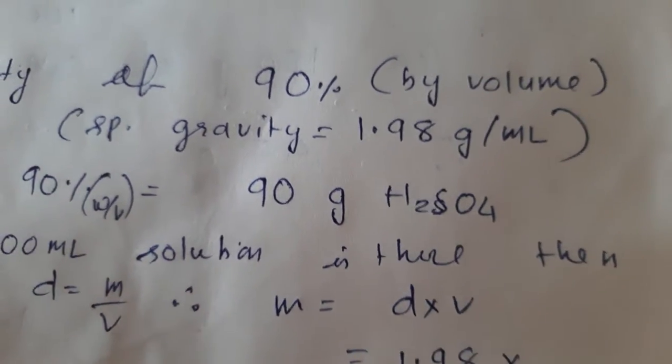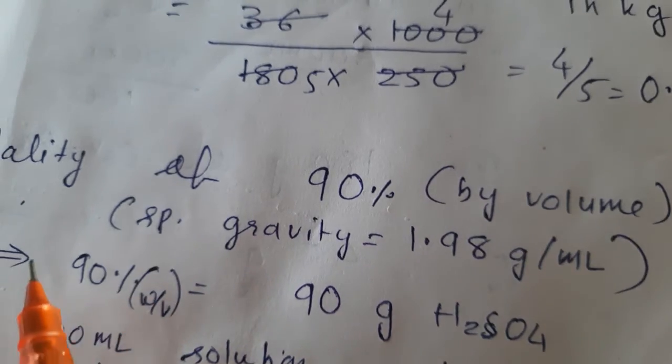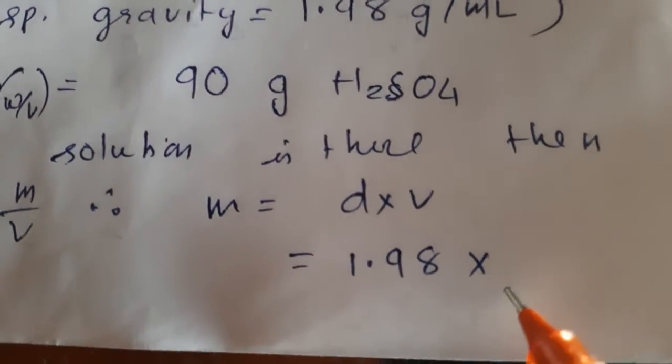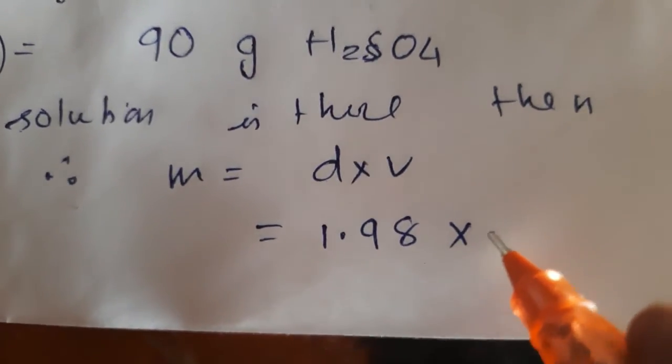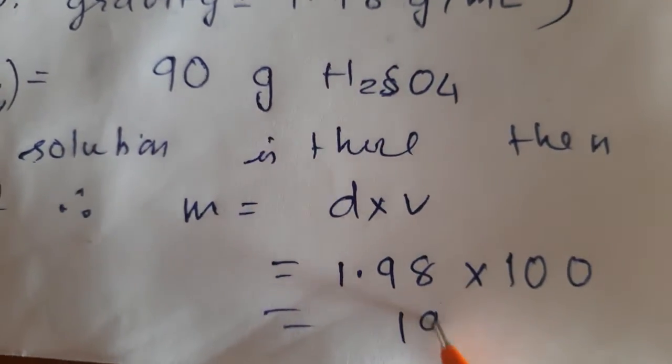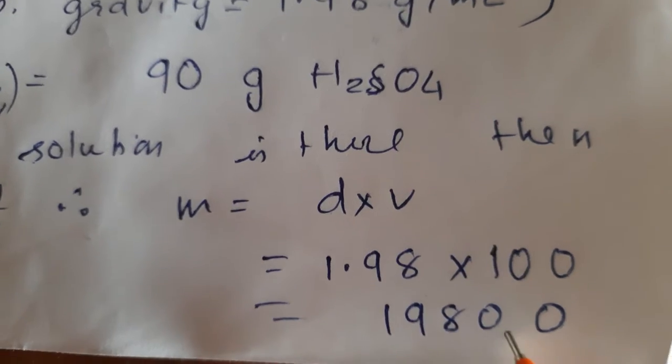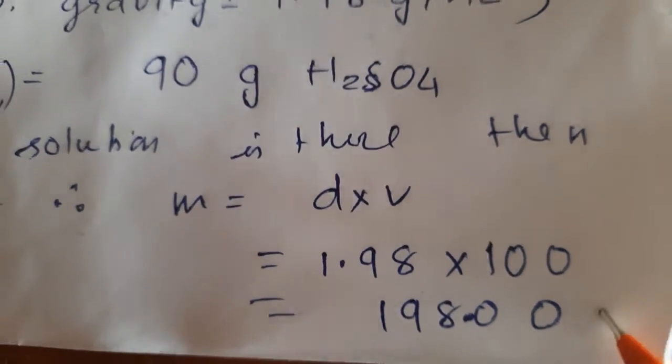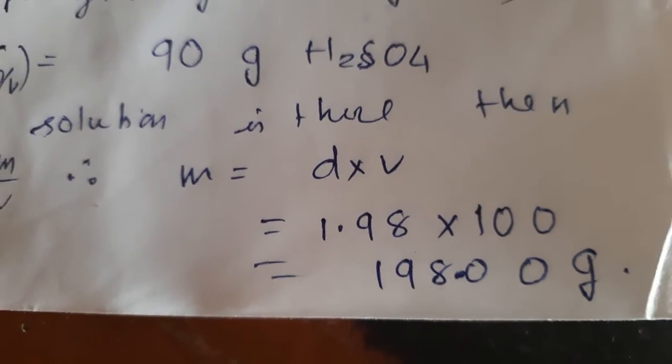What is our V? V given is 100, we have taken 100 ml. So 100 into 1.98, 198. So the mass is 198 gram. Correct?